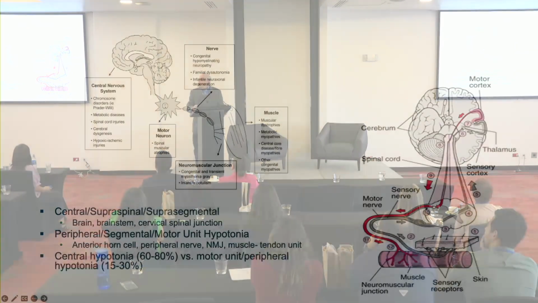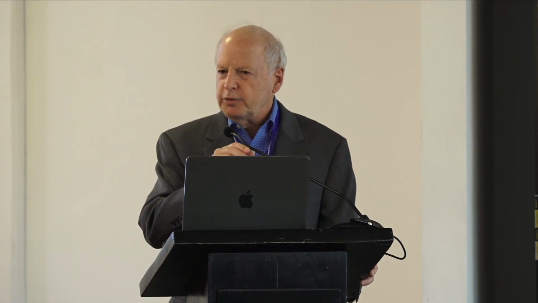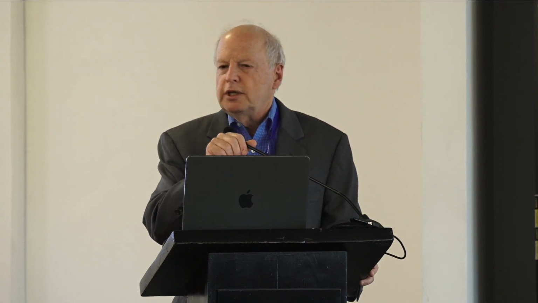Okay, so when we think about how we're going to localize it, I just encourage you to have an organized approach. And whether that is top to bottom or bottom to top, it just depends how you like to think about it. I like to think top to bottom, but I have students that prefer to think bottom to top, and that's okay. Just make sure you cover all the bases.